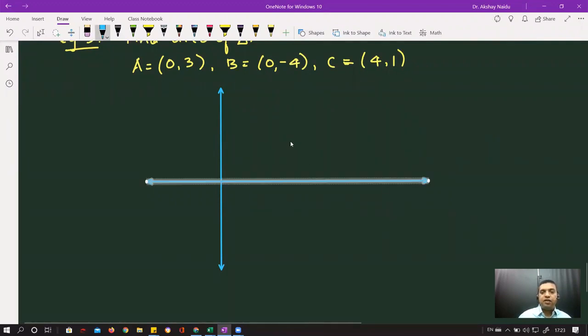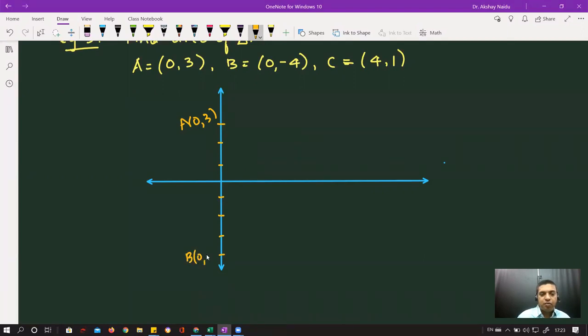So again, let's plot in the graph. So you have 3 points. A is 0, 3. 1, 2, 3. This is the point A. Then B is 0, -4. -1, -2, -3, -4. So B is 0, -4.